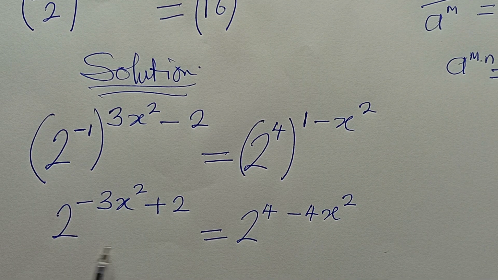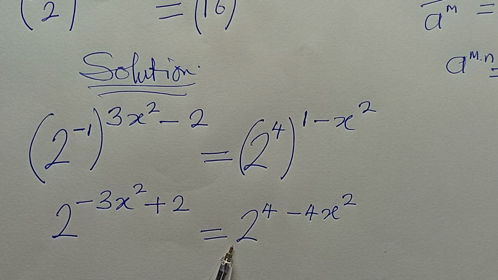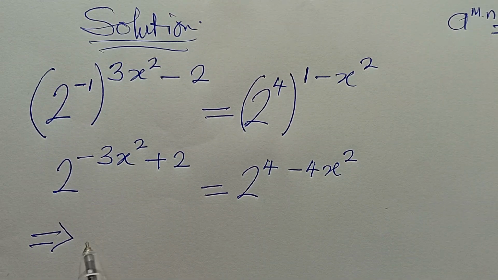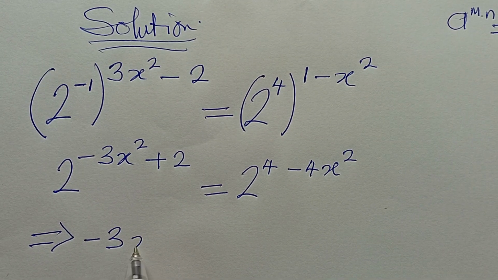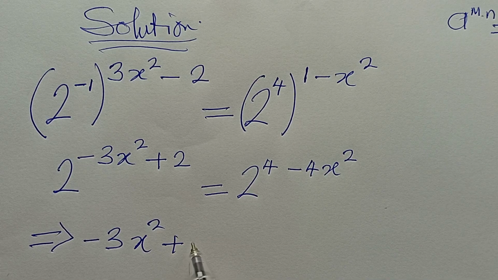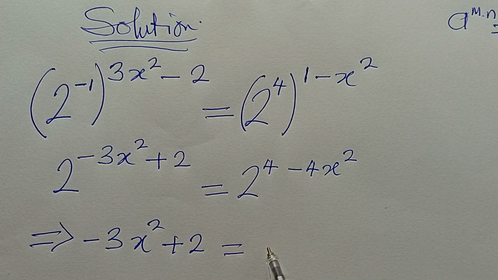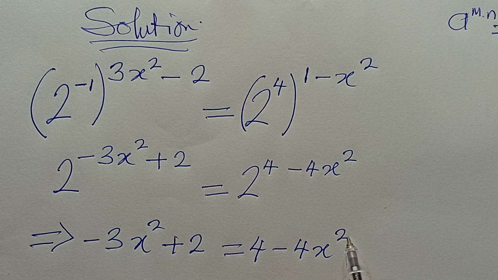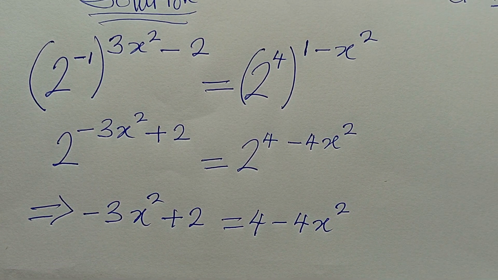So we have the base quantities the same, and so we equate the exponent. This now implies that −3x² + 2 = 4 − 4x². So we just have to collect like terms.